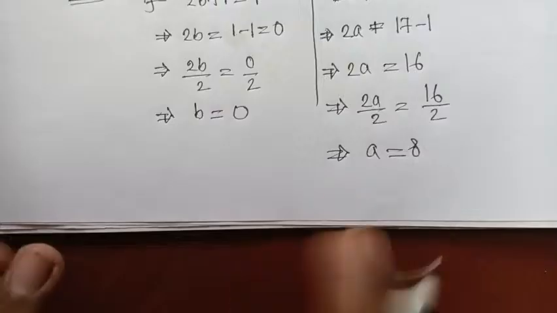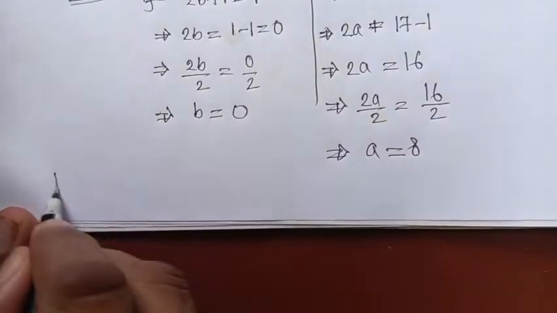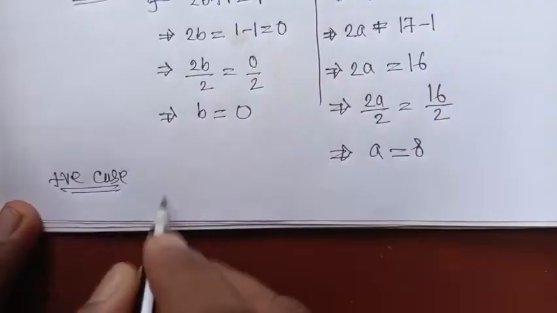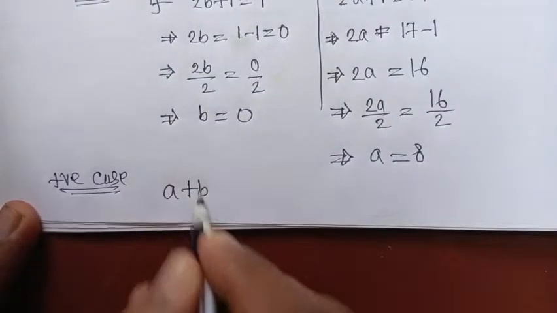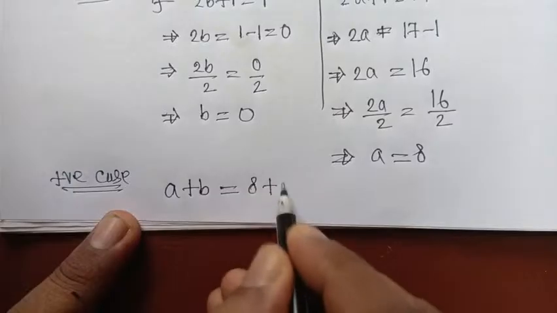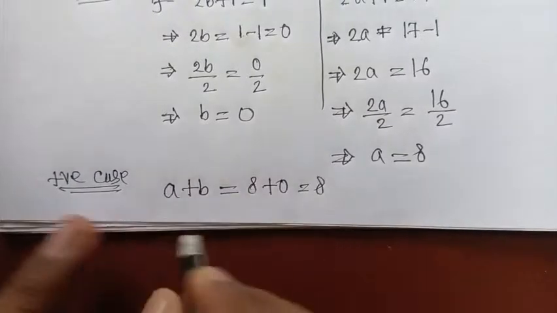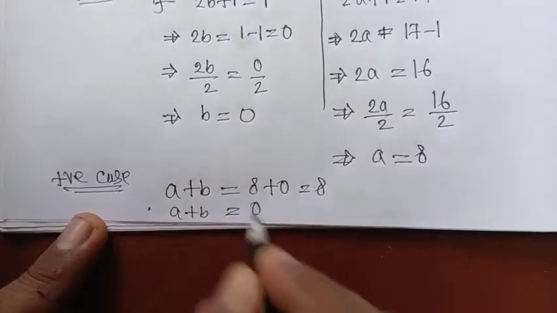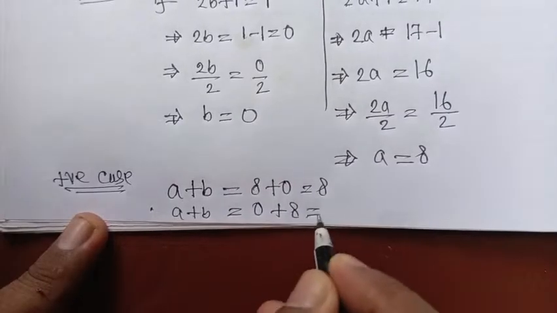So for all the positive cases, the value of a plus b will be either 8 plus 0 equal to 8, or a plus b equals 0 plus 8 equals 8.